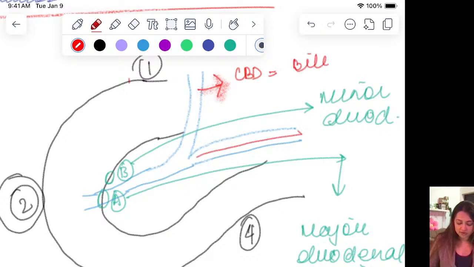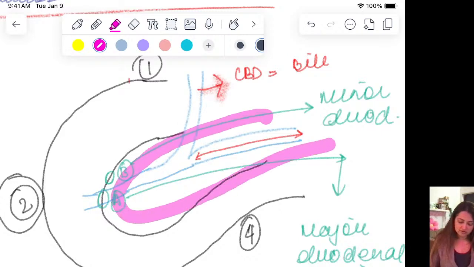And this horizontal part, if you are able to see, which structure is fitting into the C-shaped loop of this duodenum? Can you tell? Anyone? If you look at this structure, we have the pancreas here.